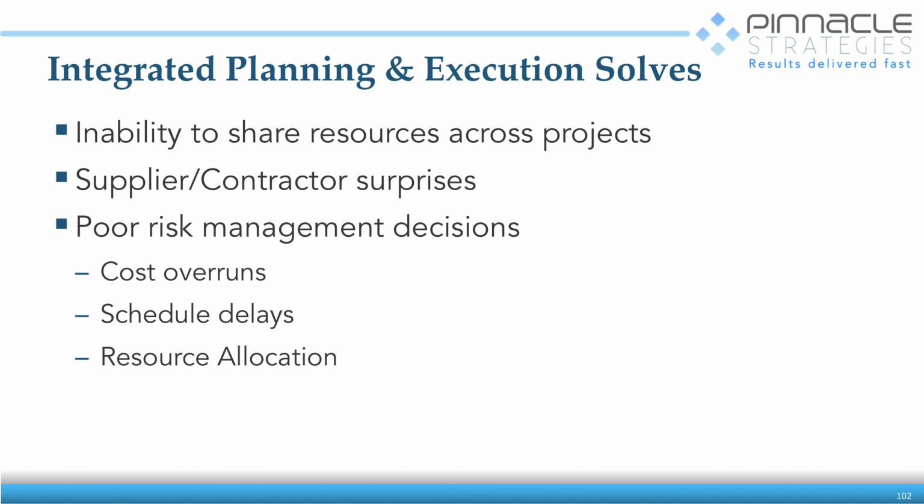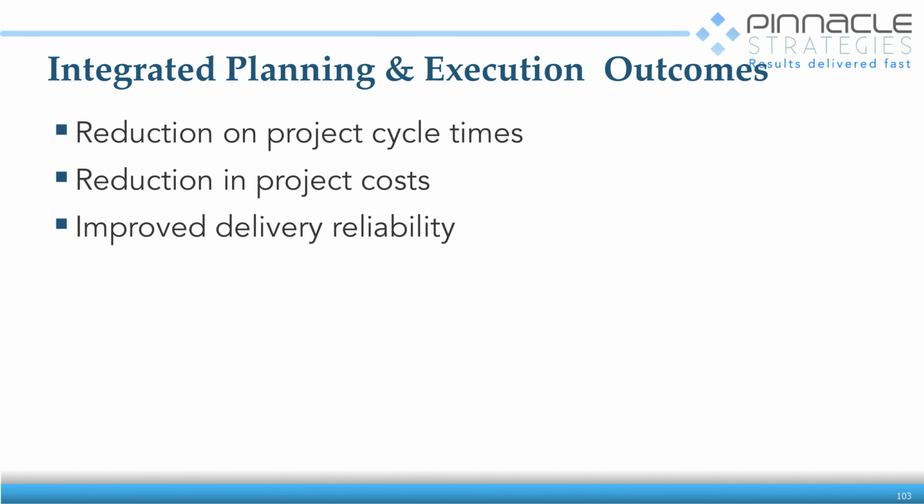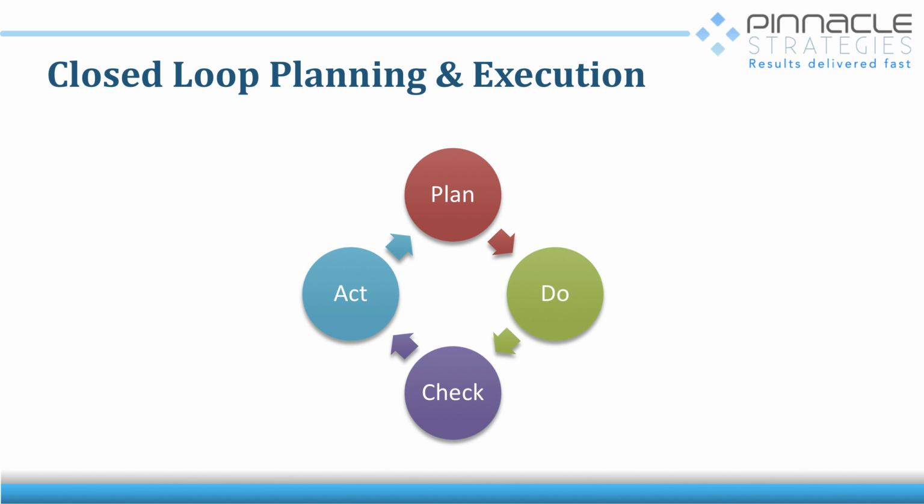And what we're looking to do is to take resources, share them across projects, make the right risk management decisions early, right? Because when we make the decisions early, they're cheap. Allocate resources, figure out what we need and where early, right? And of course, what happens is we get a reduction in cycle time, reduction in cost, and I should have put happy customers on there.